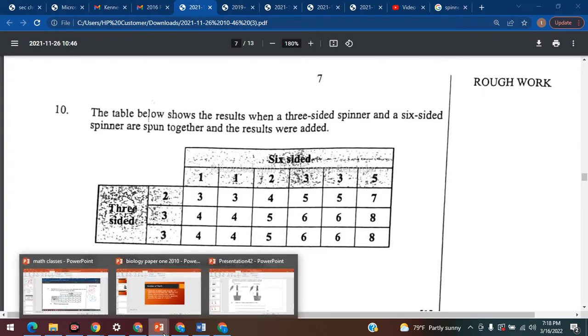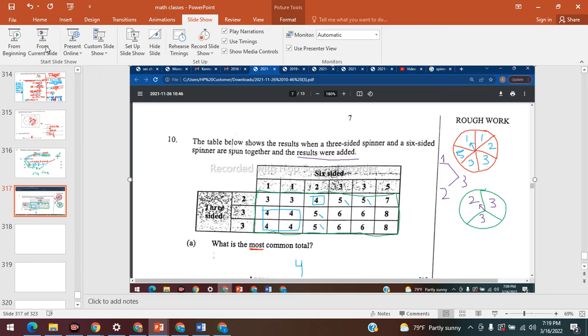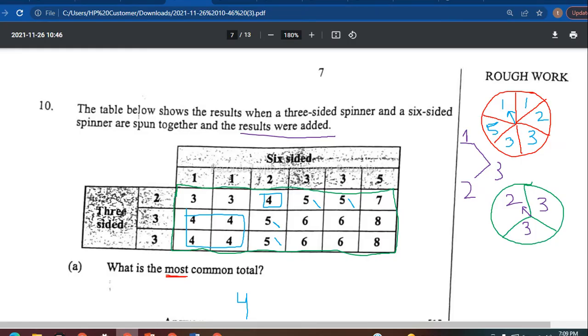So the most common total is 4, because 4 appears 1, 2, 3, 4, 5 times. Again, we can't count these numbers on the sidelines because these numbers are basically telling you what's happening.